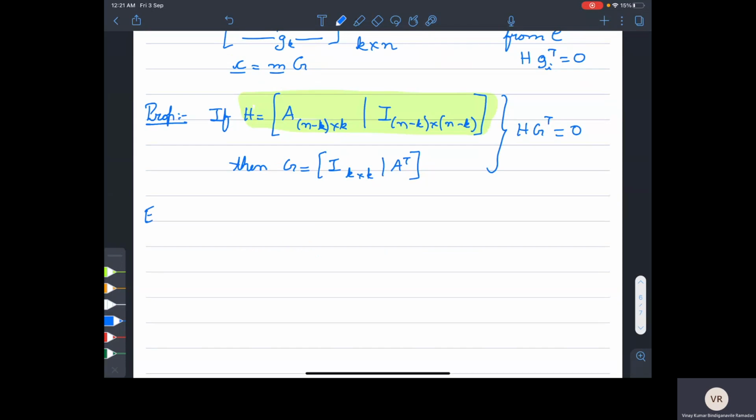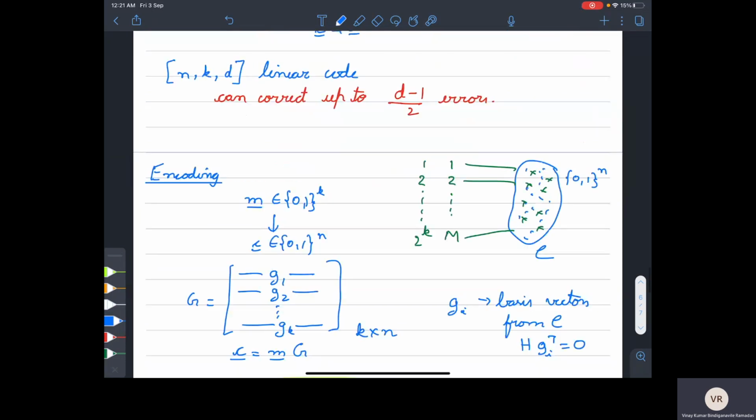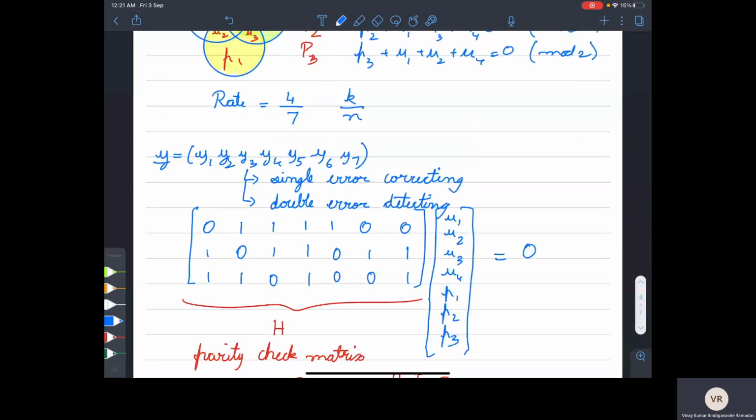So let's do an example. We already saw that the H matrix for the Hamming code was given by this.